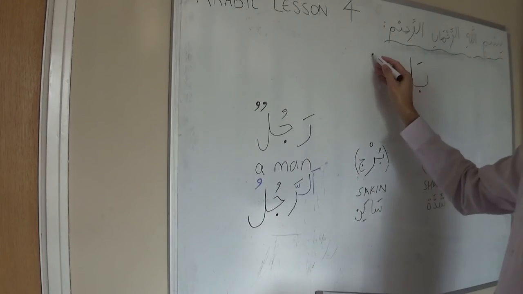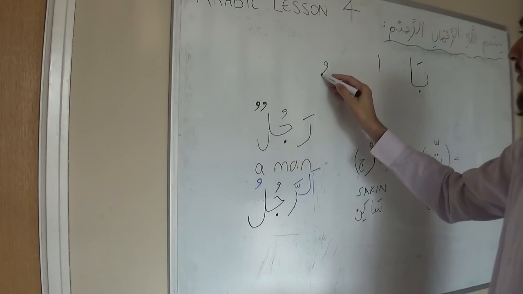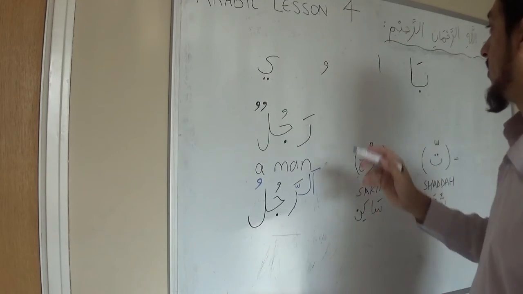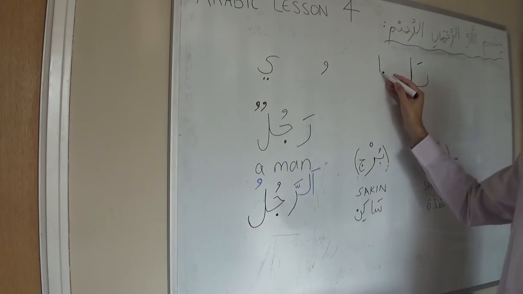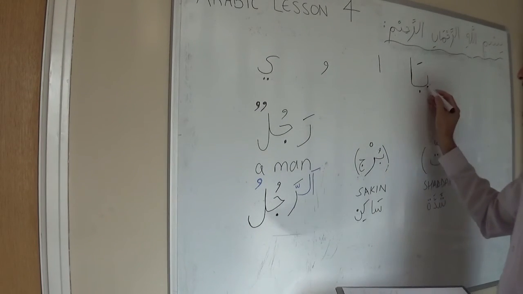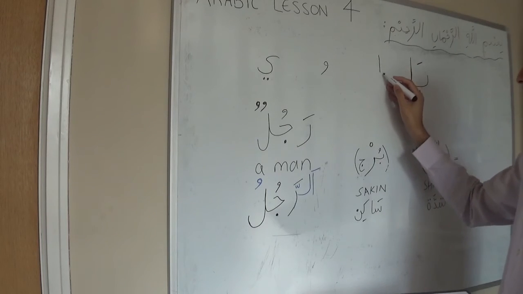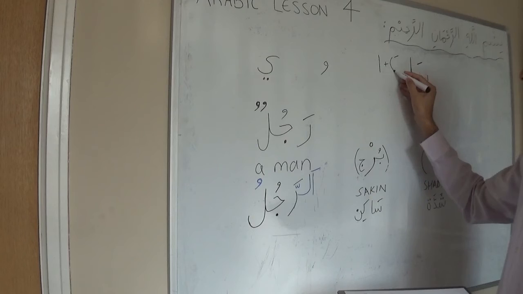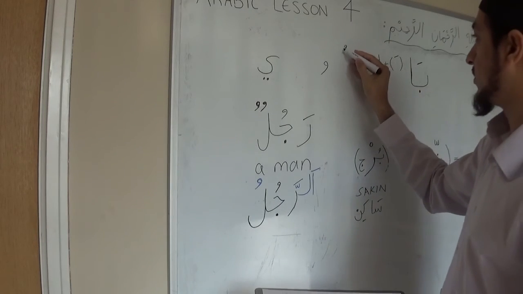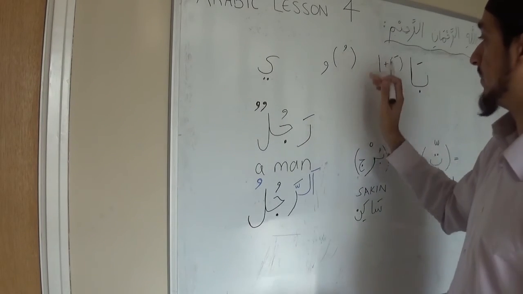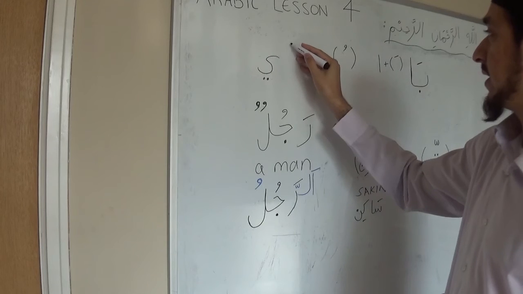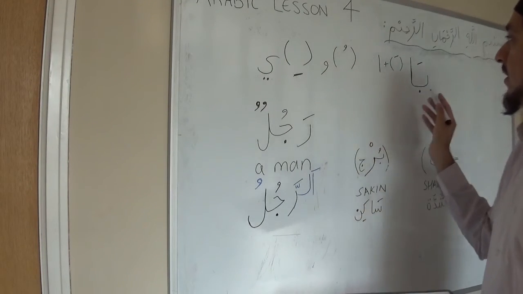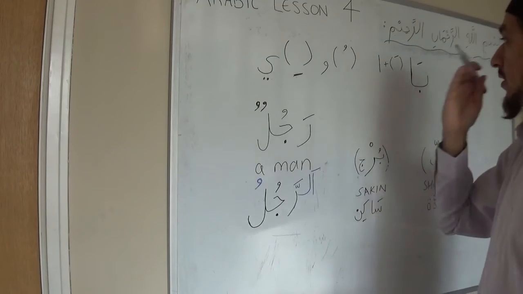So that's this alif, this waw, this ya. These letters are actually vowels in Arabic, and they make things long. But the only way they make long is if the letter before the alif has a fatha, before the waw it has a dhamma, and before the ya it has a kasra. Then these things make it even longer.